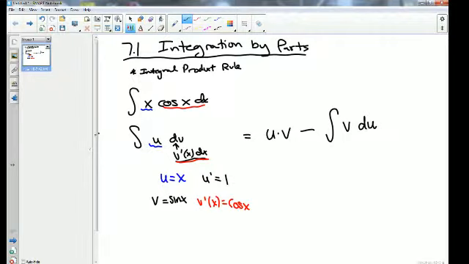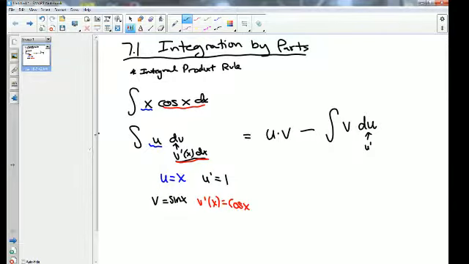Obviously this is going to be u prime, and you just plug those in. So does u prime usually come out to be a number? No, but if you do it right, it'll come out to be something that works with the v.